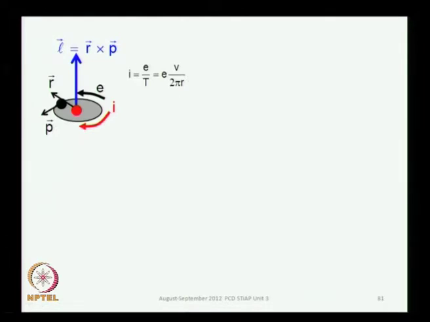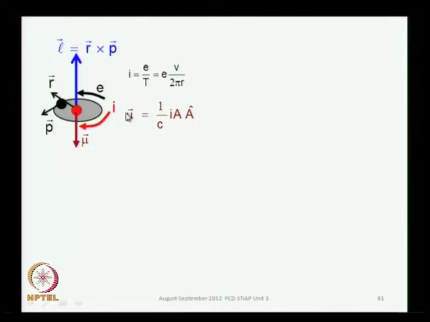Fair enough. So, that is the 1 over T, and you also know that if you have a current loop, it generates a magnetic field, and this magnetic field can be represented by a magnetic moment which is given by the cross product of I and the area enclosed by the loop.